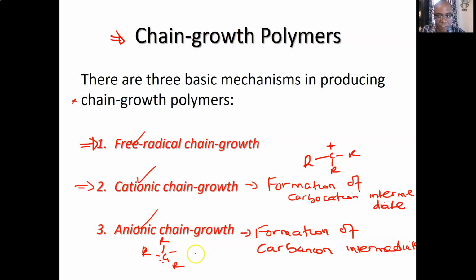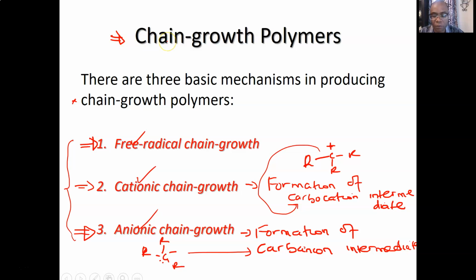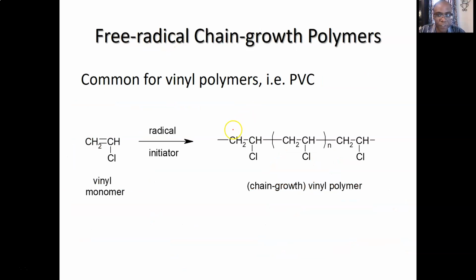Okay, so negative charge, carbanion. Positive charge, carbocation. Okay, so if a mechanism involves radicals, cations, or anions, most likely you are going through chain growth polymerization.